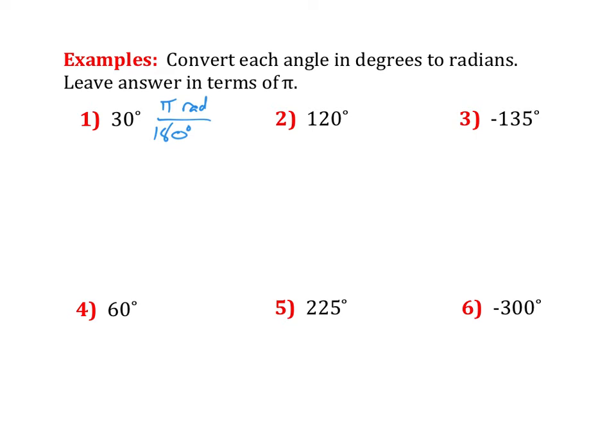Now, I can think of this as being 30 pi all over 180 as one big old fraction. And then from there I can ask myself, hey, does 30 over 180 reduce down? And in this case, yeah, it does. That's just 1 over 6. So 30 over 180 reduces down to pi over 6.